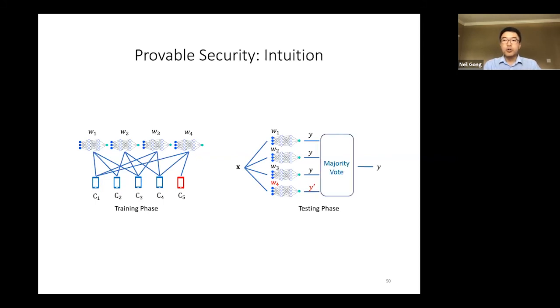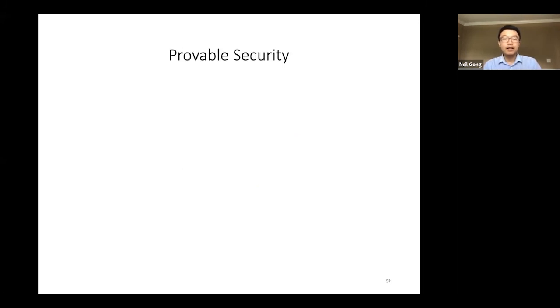Therefore, the majority vote among the 4 global models is still correct and is not affected by the malicious client C5, no matter what attacks the malicious client C5 uses. Theoretically, we show that this ensemble federated learning achieves provable security.